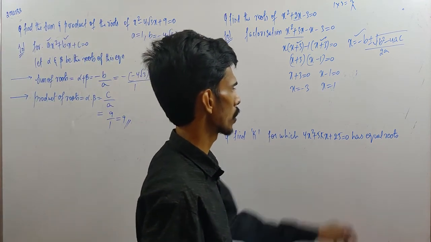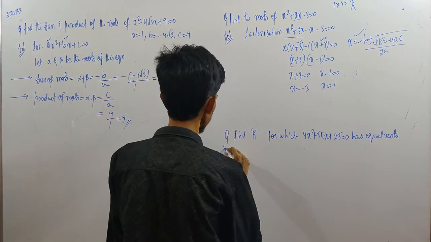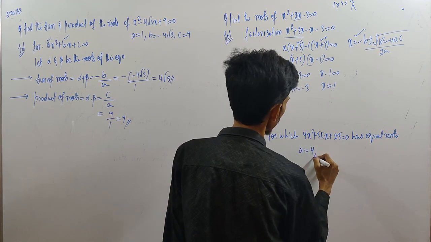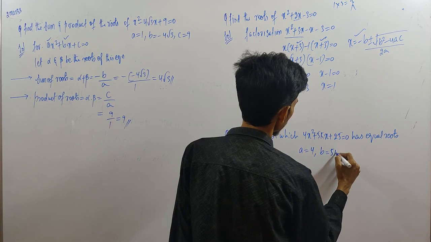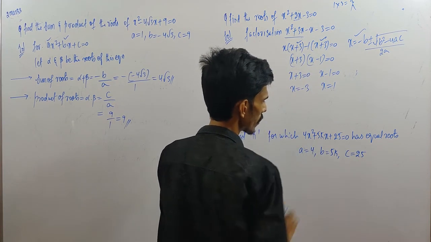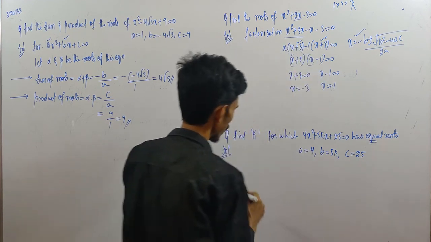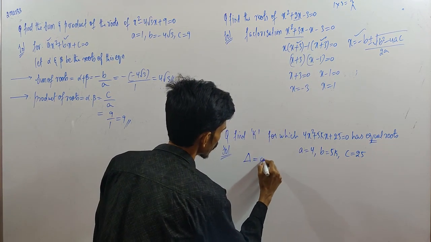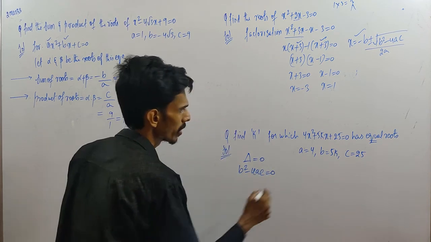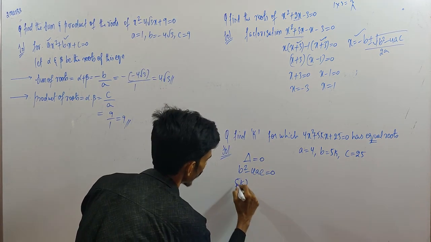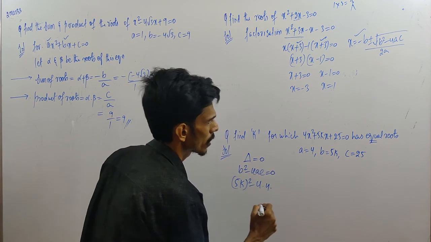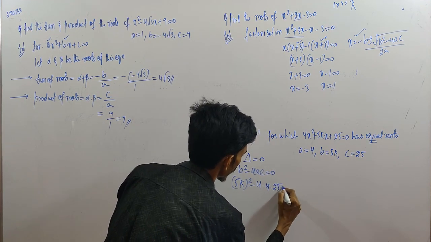Find k for which this equation has equal roots. Here we have a value as 4, b value as 5k, c value as 25. Equal roots means delta is 0, that is b square minus 4ac is 0. B value is 5k. (5k) square minus 4 into a value 4, into c value 25 equal to 0.